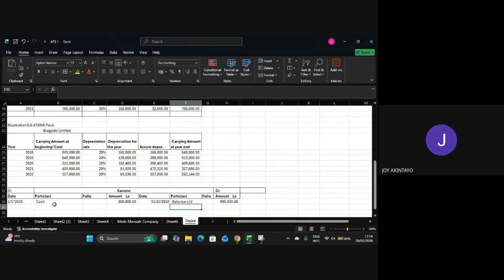So 2019, we have balance brought down. How much? It will still be 800,000 naira.